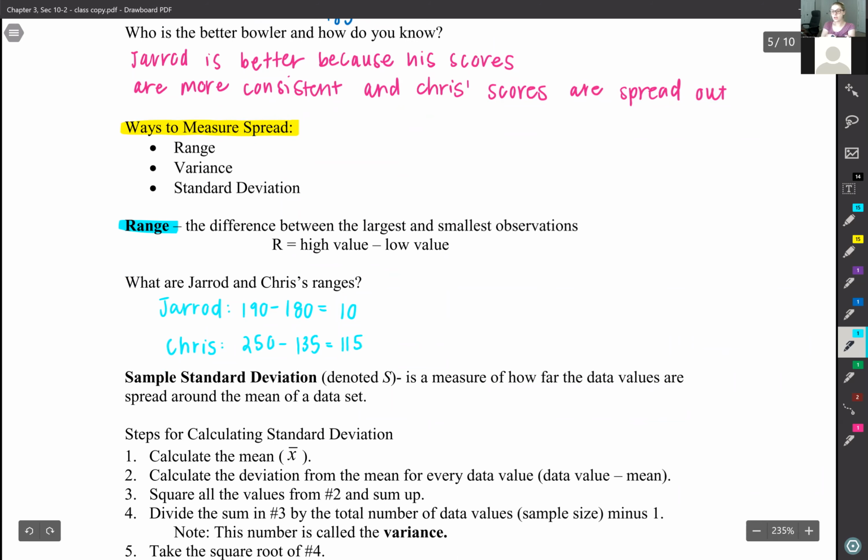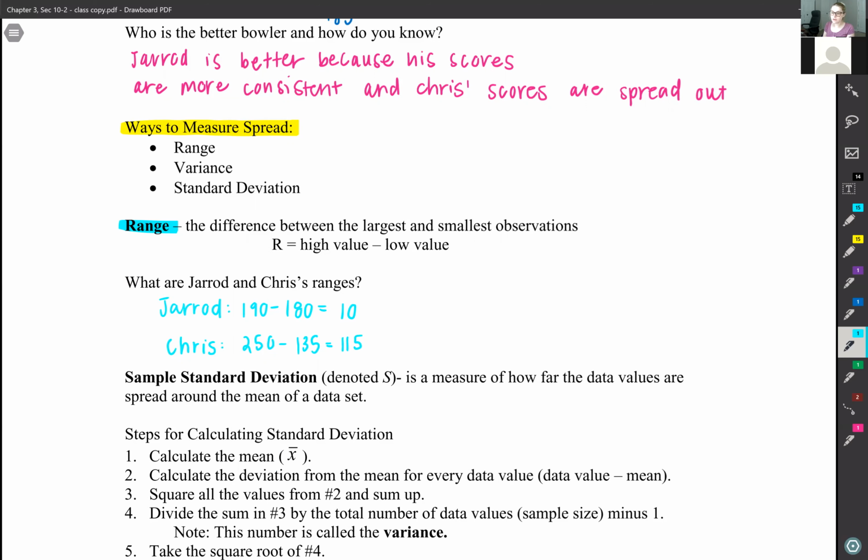Just by looking at that, you can see Chris's range is 115, which is pretty large. His scores vary by up to 115, and Jared's scores only vary by 10. So his highest variation between scores is 10 points. That's a big difference here.